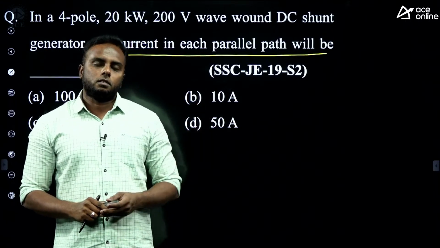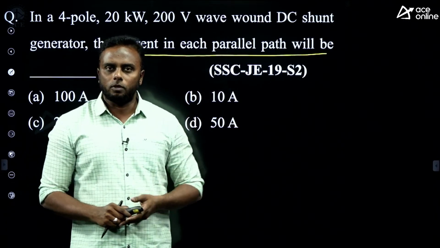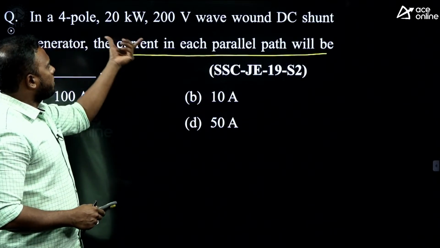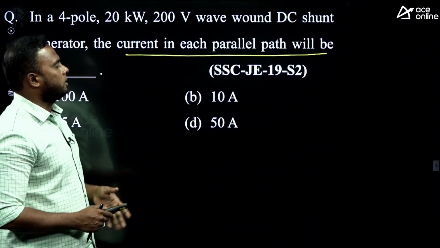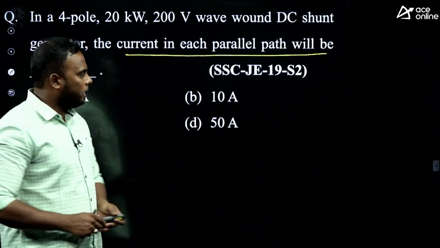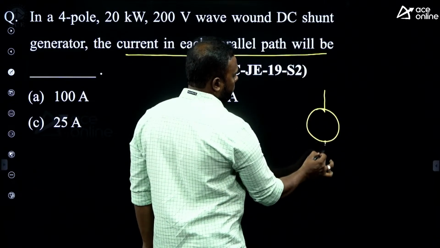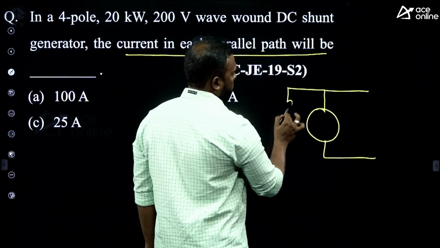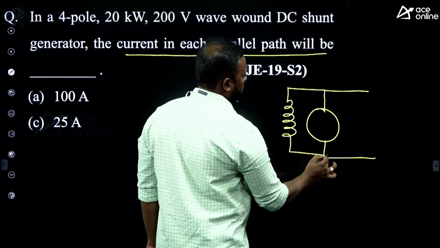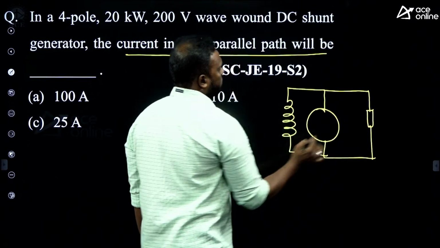But in wave connection, the number of parallel paths is always fixed at 2. Two parallel paths will be there. Here they gave a 20 kilowatt, 200 volt wave wound DC shunt generator. Field winding resistance is not given, so I am taking only the armature, but it is given as shunt, and how much load is connected?